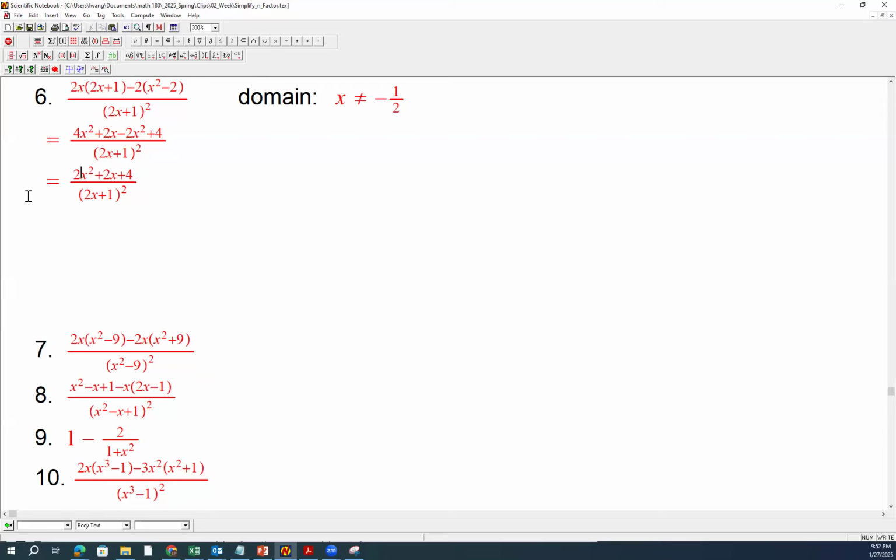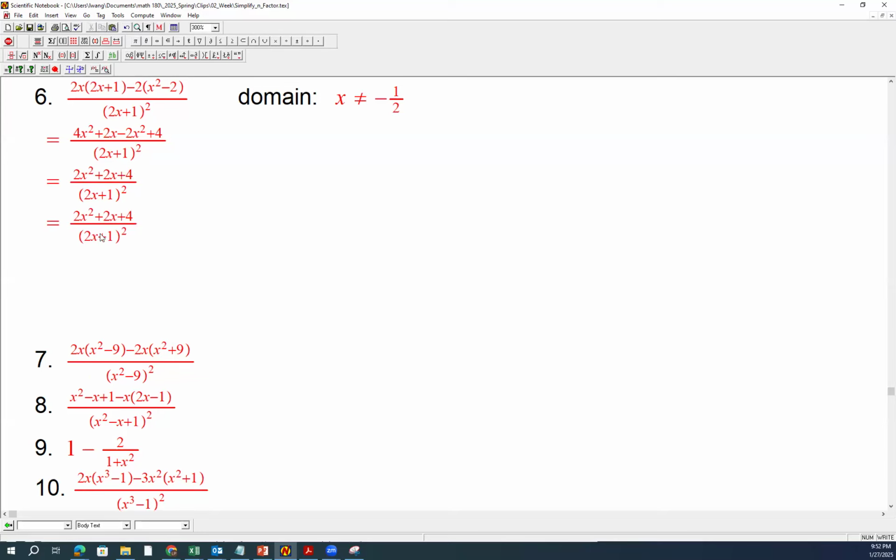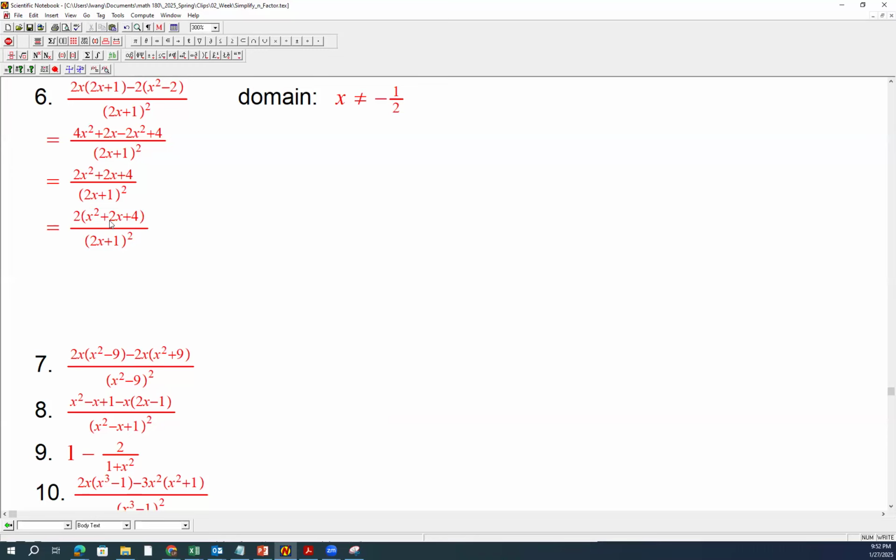All right. Can we factor this? We can factor out the 2, right? So this is a 2, this is a 2, this is a 1, this is 2. Can we factor this further?